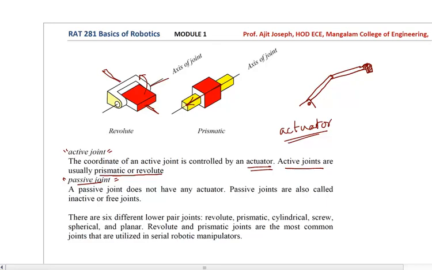Now you know that if this is connected to the base or to the ground, and you want to hold it properly or make a movement, you should have an angular movement here and you should have an angular movement here. If there is a motor connected here and here, there is no issue. But if this load is very, very heavy, then it will be really difficult for the motor to move this.